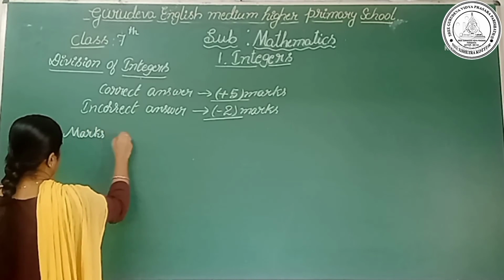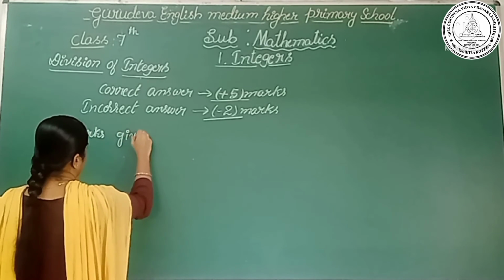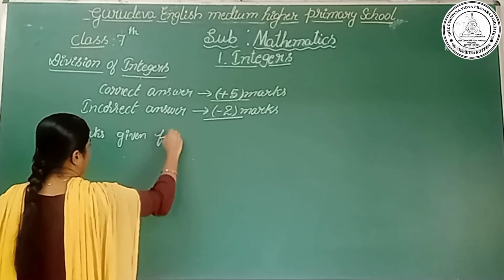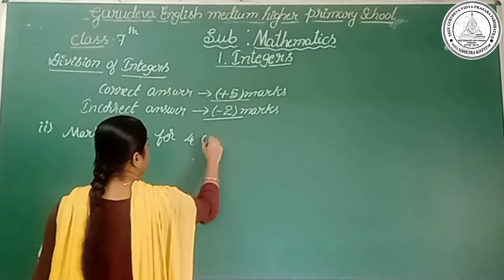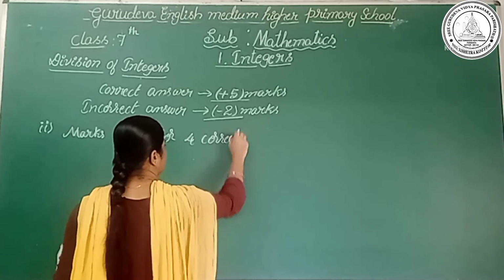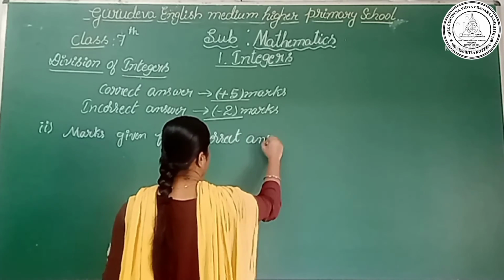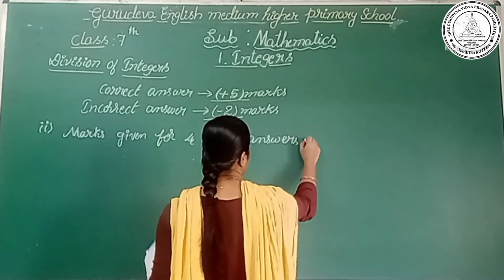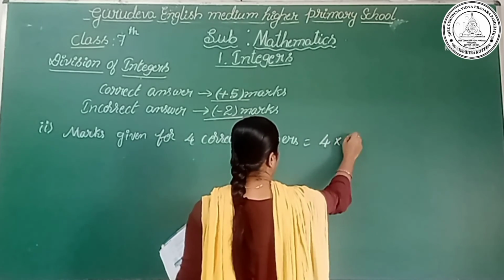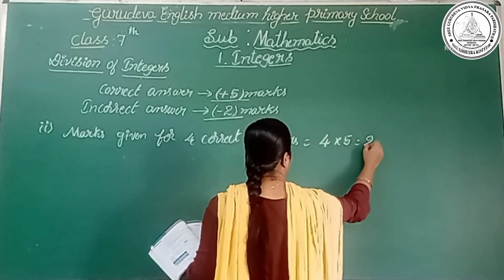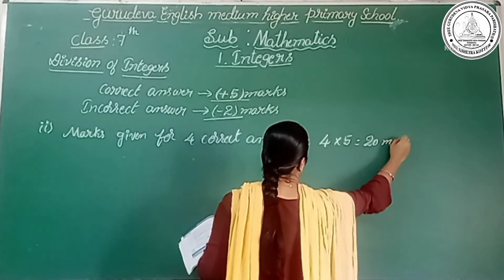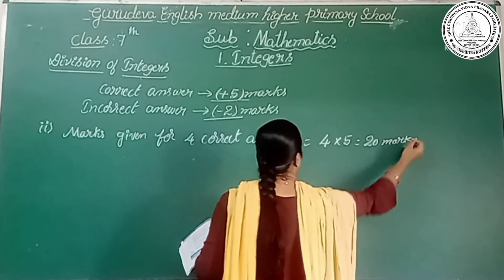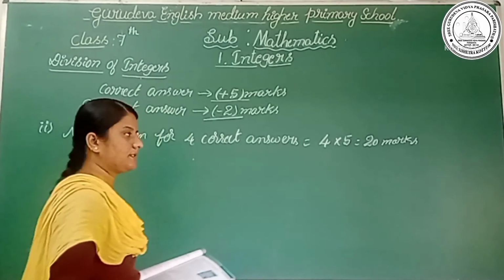For every correct answer they give plus 5 marks, which is equal to 4 into 5, which is equal to 20 marks. He got 20 marks for correct answers.